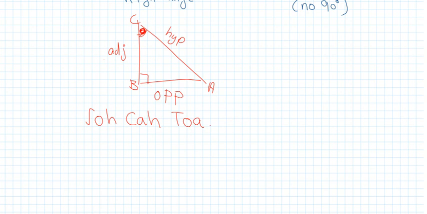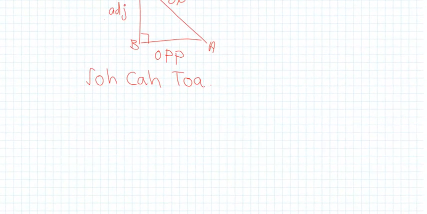Do you guys see them? So we use these sine, cosine, and tan in right angle triangles. Do you guys know what SO stands for? What does SO stand for? Sine.